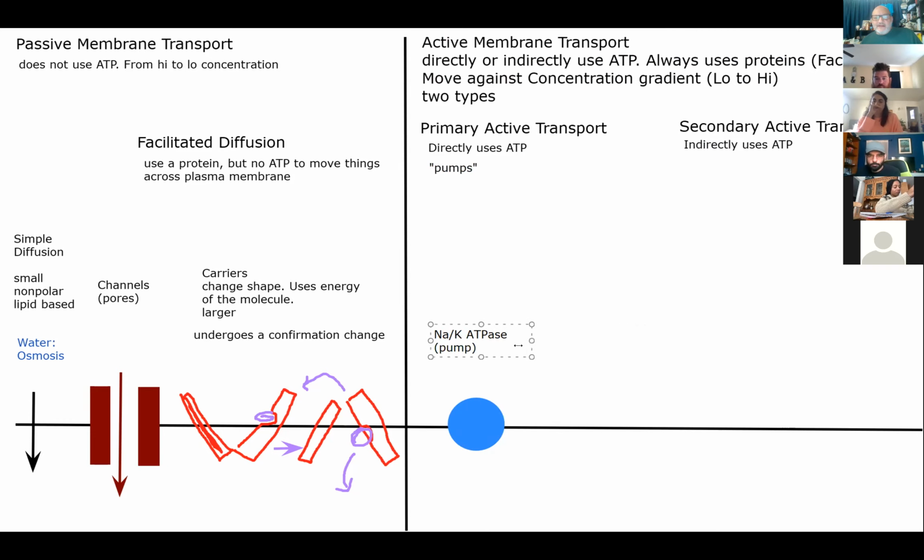And again, it is directly using ATP. So an ATP molecule binds to it. And someone remind me, when it phosphorylates that ATP, uses the energy of the ATP, what does it move?